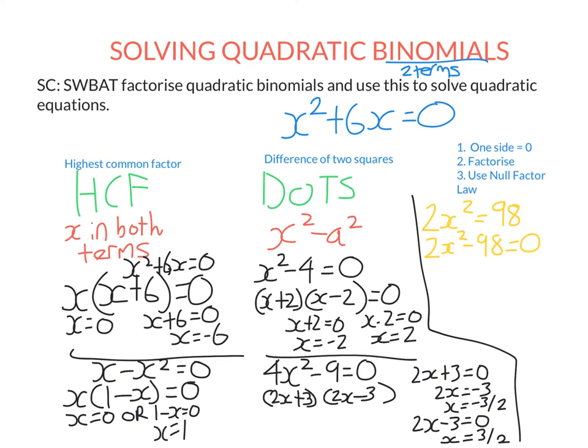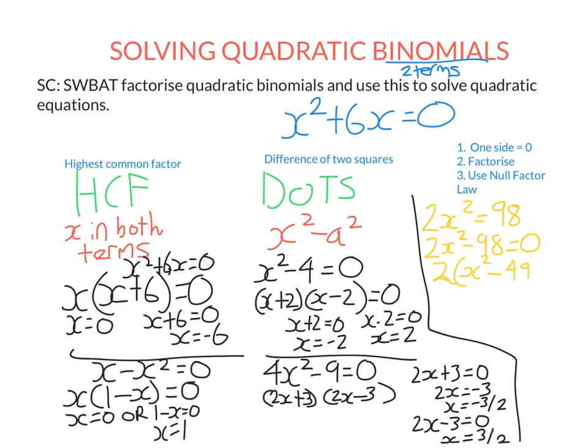Now that I've done that, I need to factorize this expression here. The problem is 2 is not a perfect square, nor is 98. But both of these terms have a common factor of 2. So I'm going to take out the highest common factor of 2. What do I times by 2 to get 2x squared? It's x squared. What do I times by 2 to get negative 98?